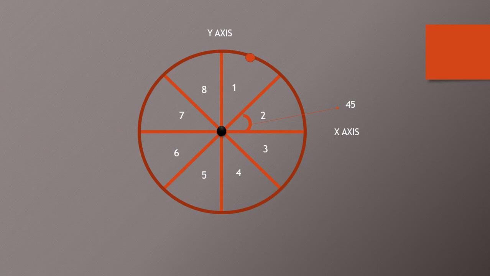Now consider we are having 1 pixel for 1 octant. They have plus and minus signs of x and y respectively, as per the octant or quadrant in which they are present. This part of the x-axis has positive values. This part of the y-axis has negative values.